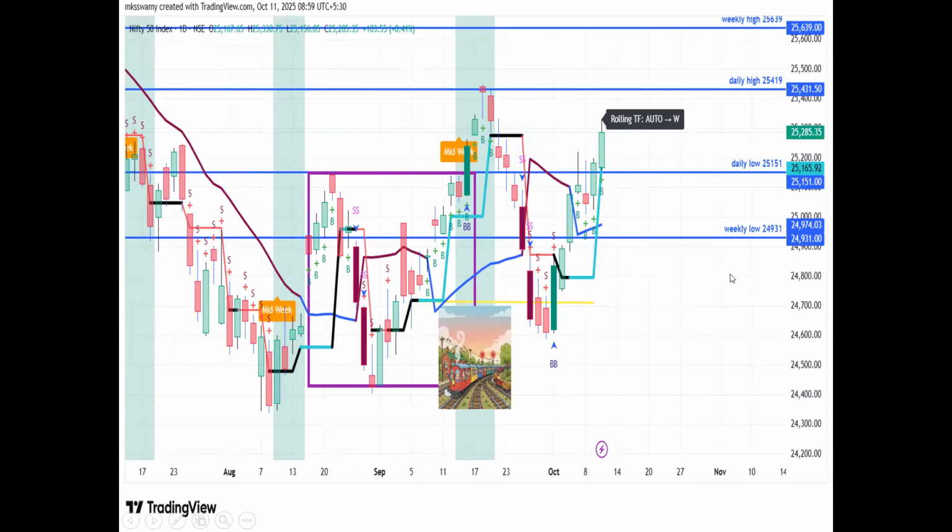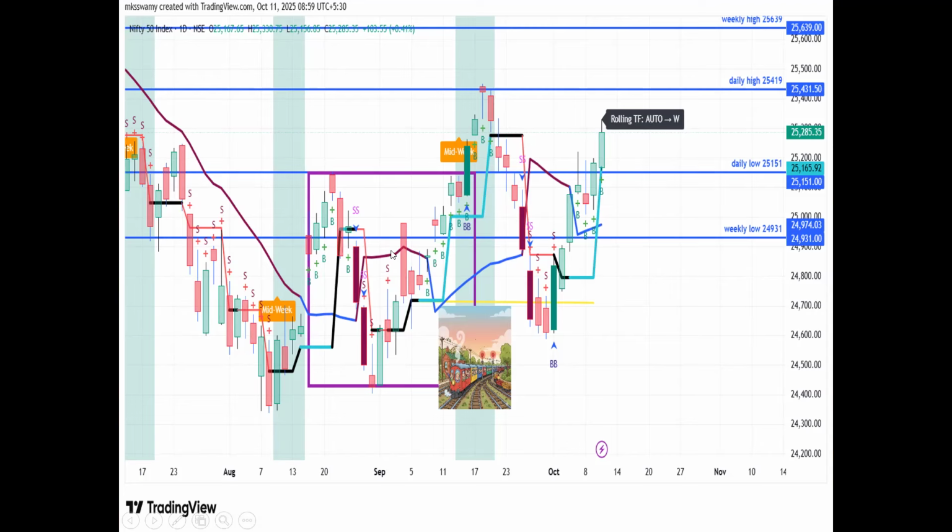So here I am showing you the Nifty chart. It was the junction. Here, this was the junction. You can see the mixed feeling of the pivot. The GANN HiLo was down. At one point of time in the month of September, it started showing mixed feelings.